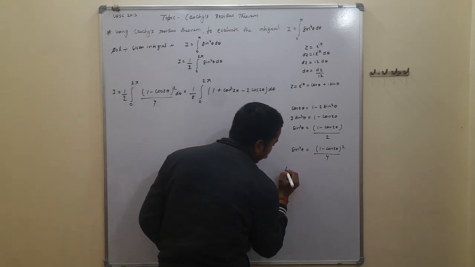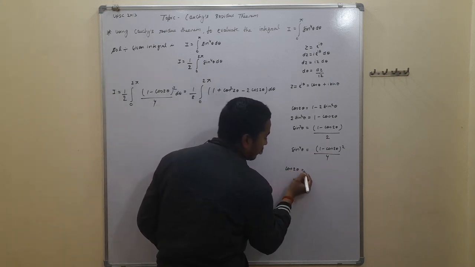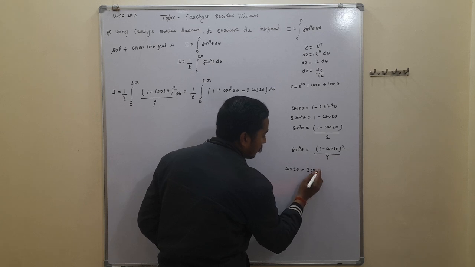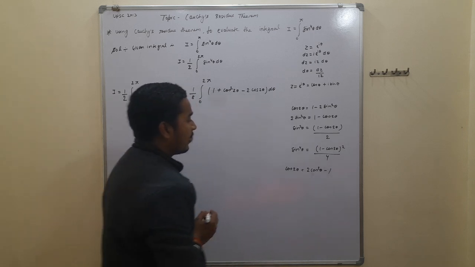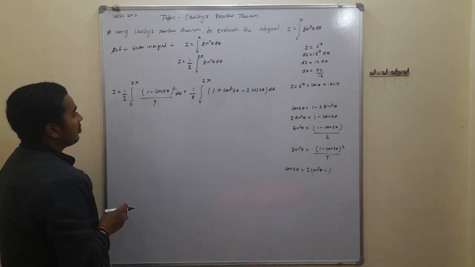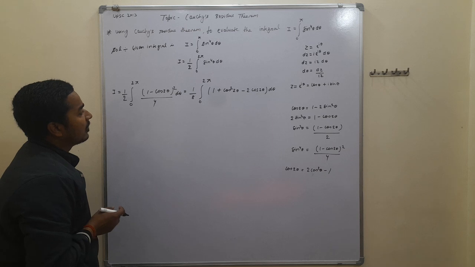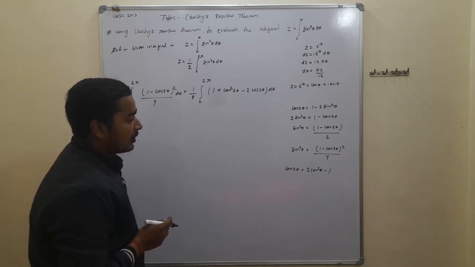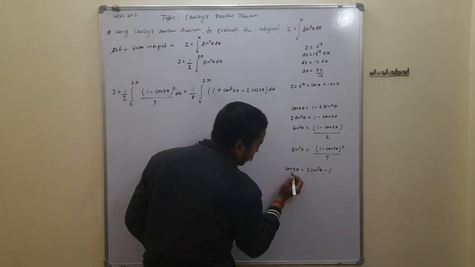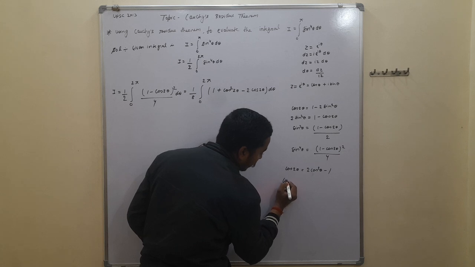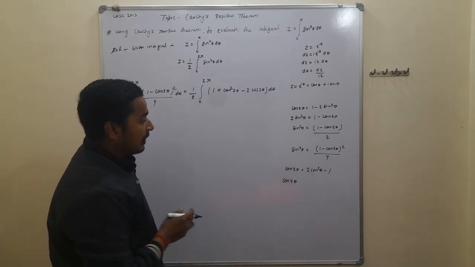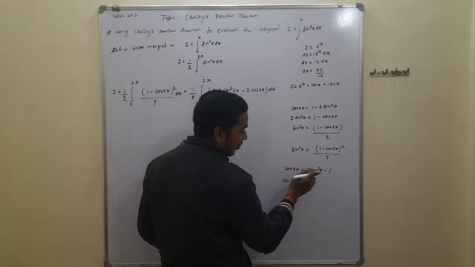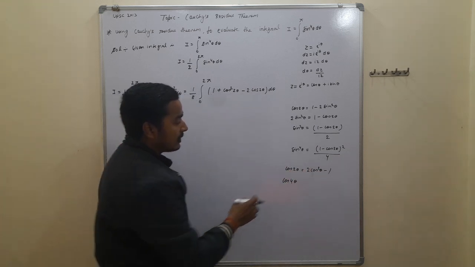This is given by cos 2 theta is equal to 2 cos square theta minus 1, and here we have to find the value of cos square 2 theta. So in place of cos 2 theta we can put cos 4 theta. We have to change the angle: when we take 2 theta, here is theta; when we take 4 theta, here is 2 theta.